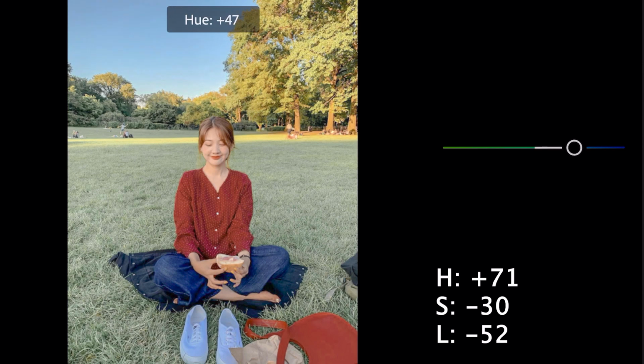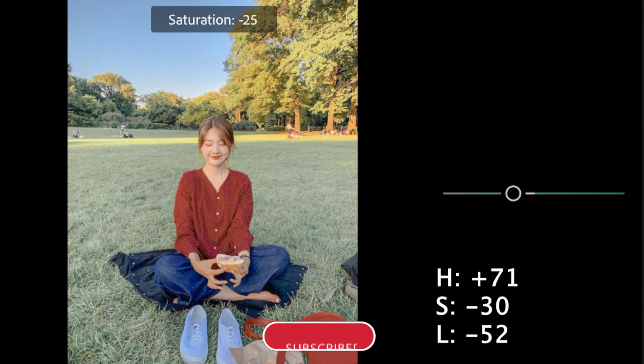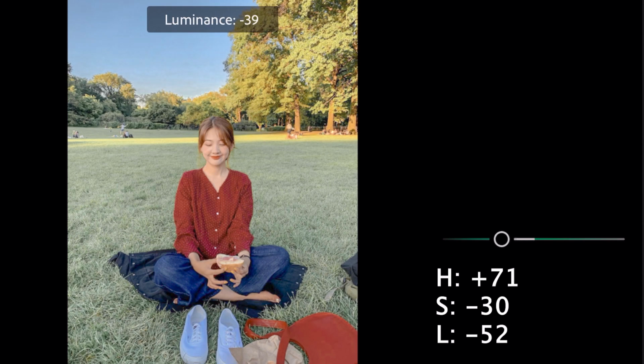Hue plus 71. Saturation minus 30. Luminance minus 52.